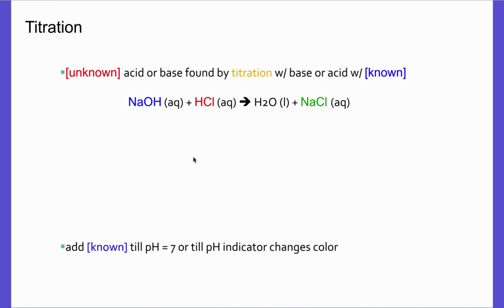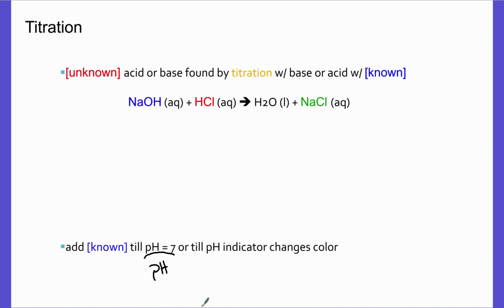And I can find out when that solution is neutral when I see certain things, right? The first thing I could do is I could have a pH meter that's just reading the pH constantly as I add drop by drop of that sodium hydroxide. And eventually that pH is going to go from very low, being as it started as an acid, to 7, to neutral, and then it would actually go into that higher end of the spectrum as well.